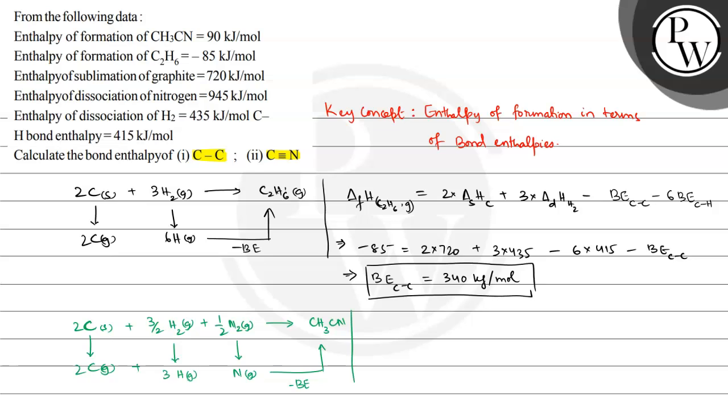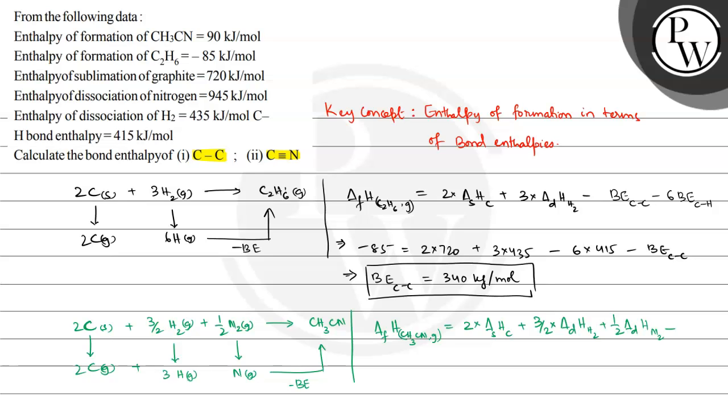Now for this we can again calculate the formation enthalpy of CH3CN gas is equal to 2 multiplied by कार्बन की सब्लिमेशन एंथैल्पी, डेल्टा SH for कार्बन plus 3/2 मॉलिक्यूल्स ऑफ हाइड्रोजन को डिसोसिएट करना पड़ रहा है, so 3/2 multiplied by enthalpy of dissociation of H2 plus half into enthalpy of dissociation of nitrogen, so half into delta D of N2 minus all bond enthalpies.